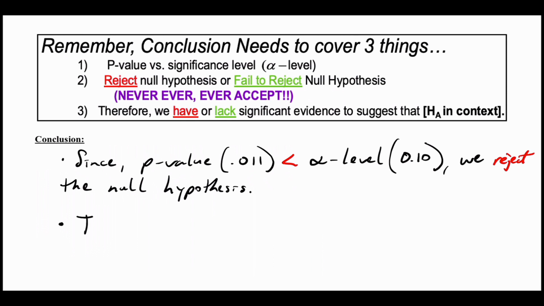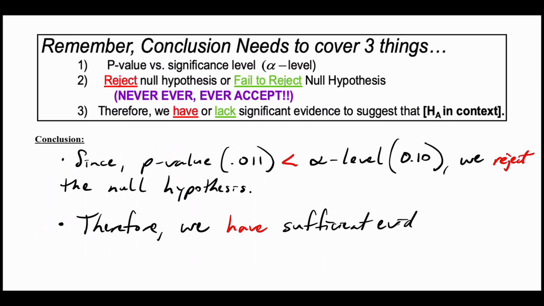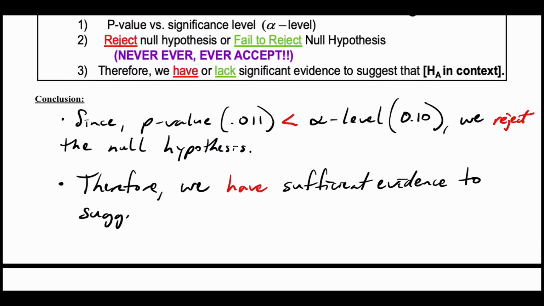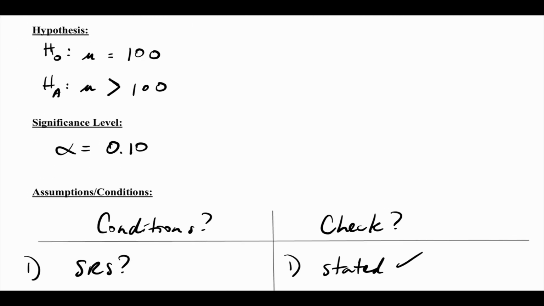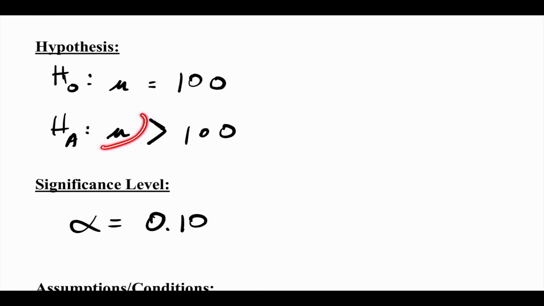Therefore, we have sufficient evidence to suggest that, and then here is where we have to put in our alternative in words. Our alternative was true mean score is greater than 100.